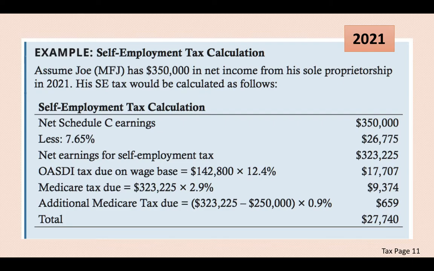So then the IRS not only allows you to deduct this amount to reduce the base of your self-employment tax. They also say, well, this is your entire 27,740. This is both the employer and the employee tax.